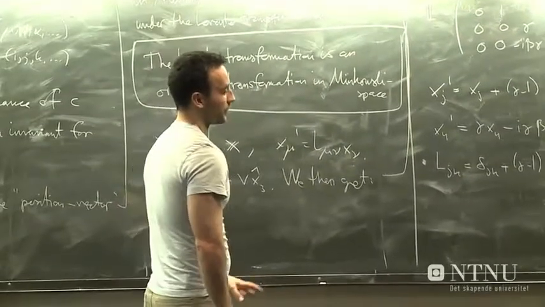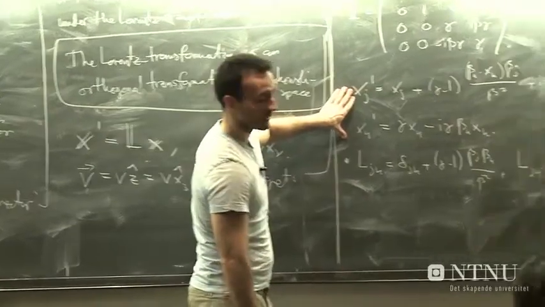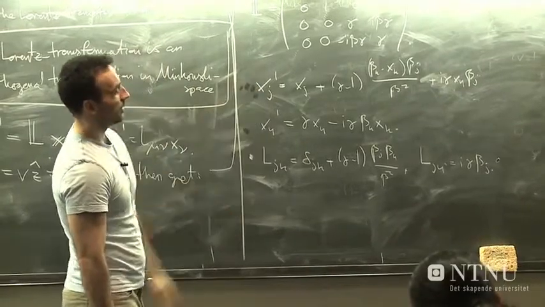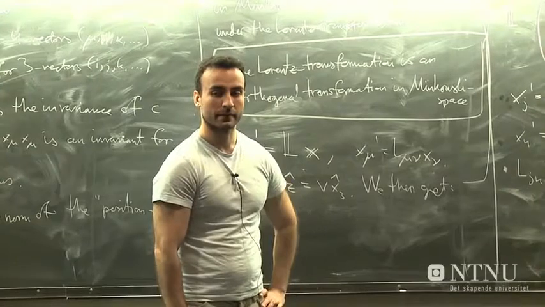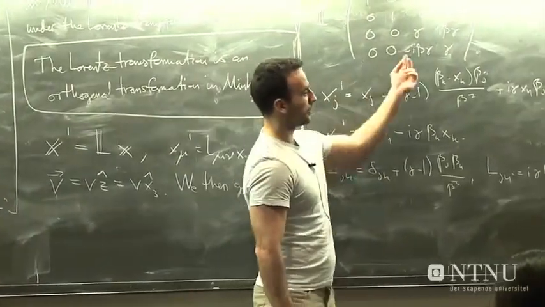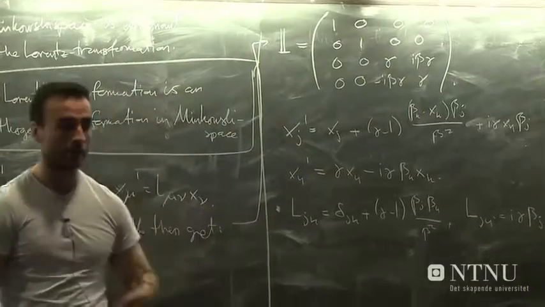Okay, so then I have a challenge for you. Using these transformation equations, which now have been written in component form, what is L44? So the general 4 element, the element in the 4th row and 4th column, for an arbitrary transformation, arbitrary velocity.